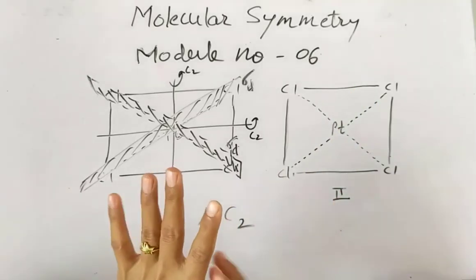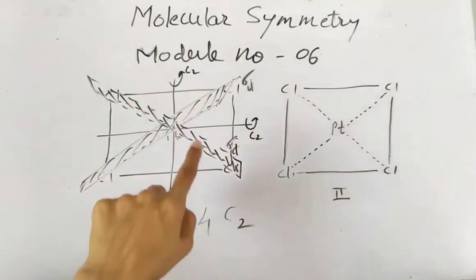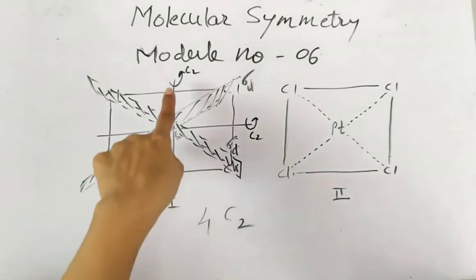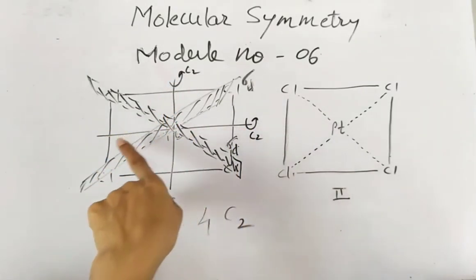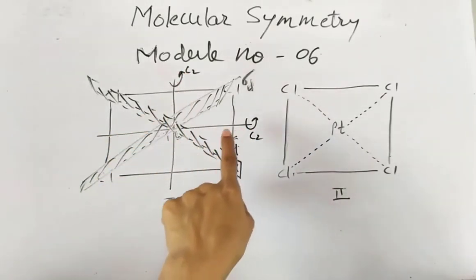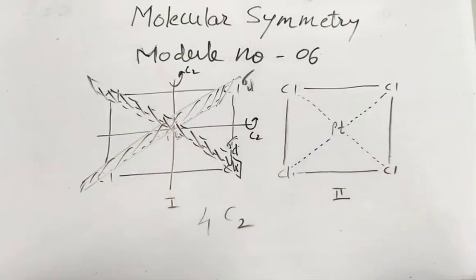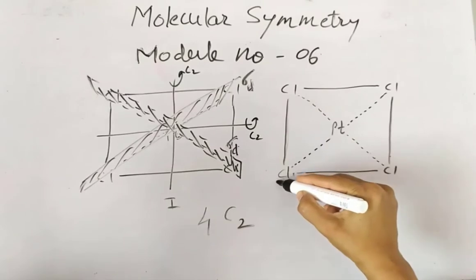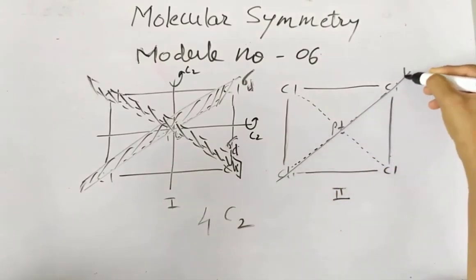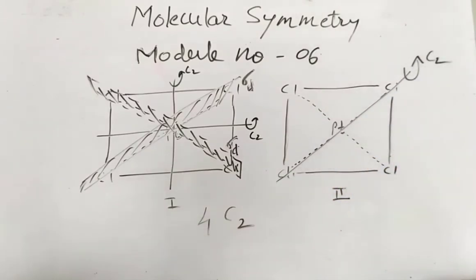Among these 4 C2 axes, in the first image I have chosen only these 2 C2 axes which are perpendicular to each other. But you can choose the C2 axes which are passing like this also. This is the one C2.